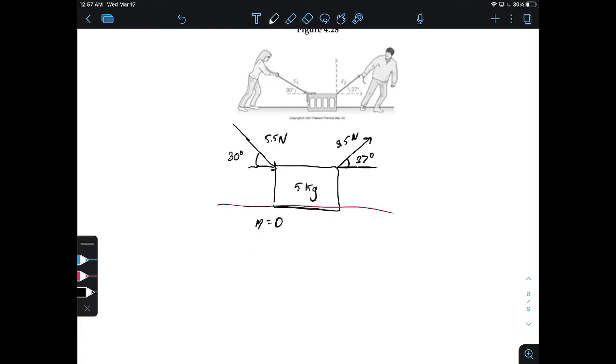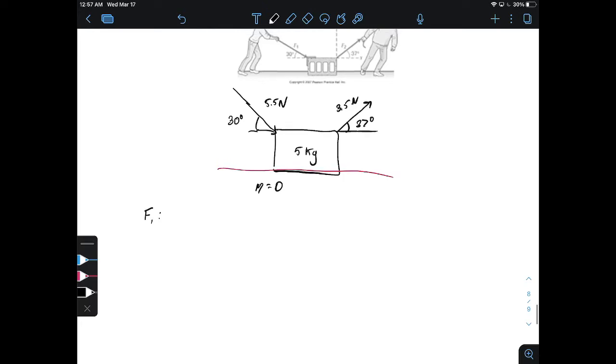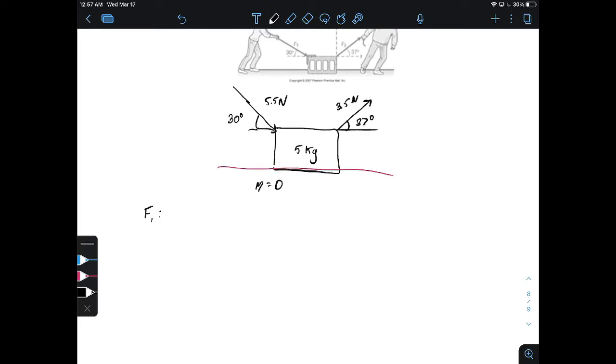So what we've got to do is break these up into components. I'm going to say F1, and I'm going to vectorize these and break them up into components. So on our x, we're going to have 5.5. Let me just highlight what I'm trying to do. We're trying to find this component right now.